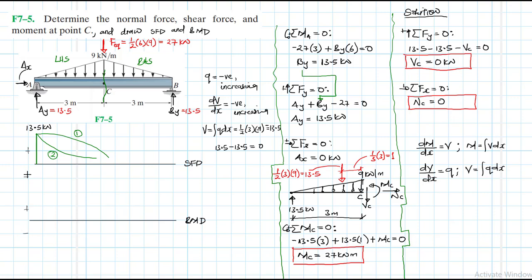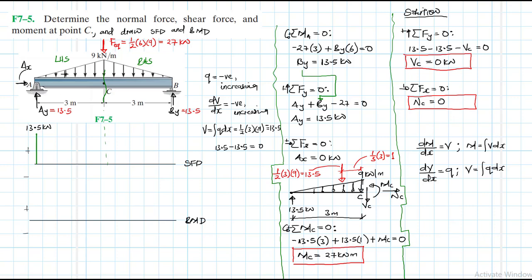Of course, it is 1. 1 has a negative increasing slope. So we'll go with 1. Great. So we'll come up to the very middle here. So this slope will come like this.